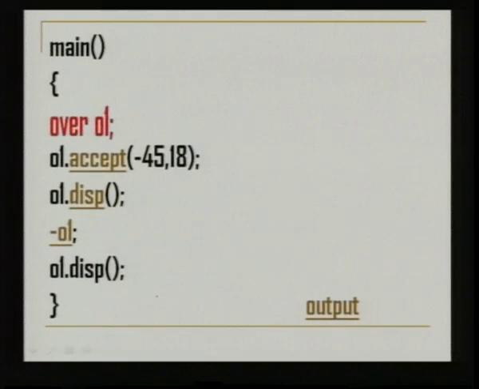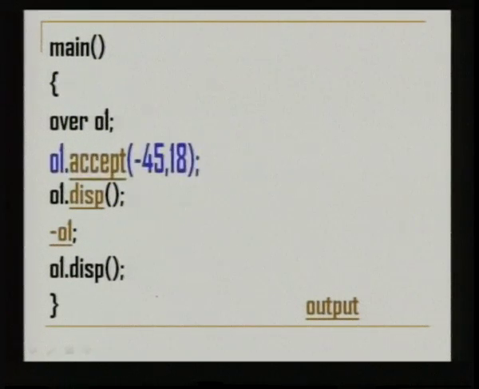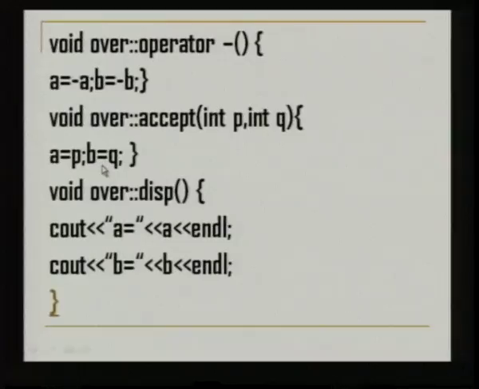So how is it accessed from the main function? Here you are having the object creation O1, O1 dot accept. So in accept, what are you passing? Minus 45 and 18. As soon as the compiler sees this particular function, it will go to this accept function, it will give minus 45 over here and it will give 18 over here.